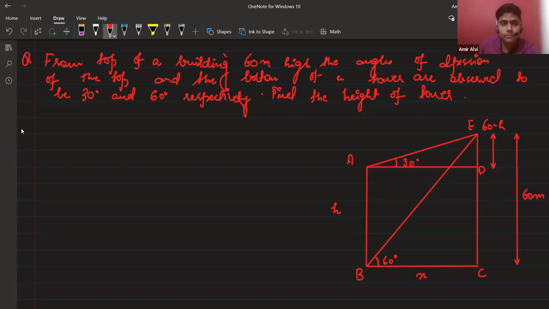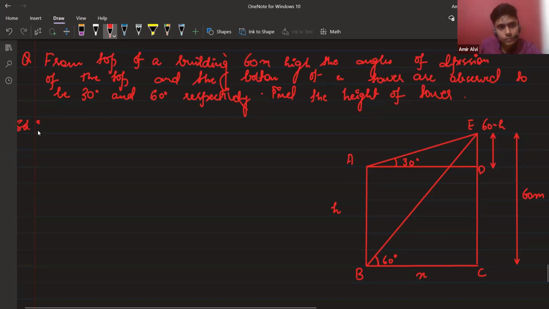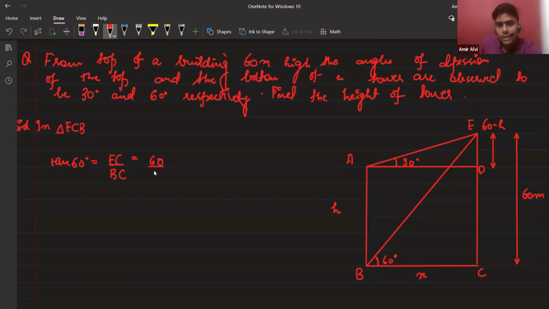In triangle ECB, tan 60 degree is equal to EC by BC. EC is 60, BC is x, and tan 60 is what? Who can tell me the value of tan 60?